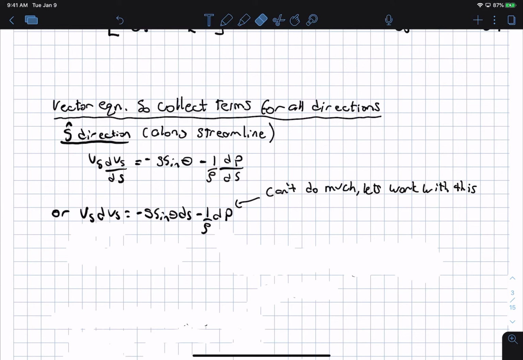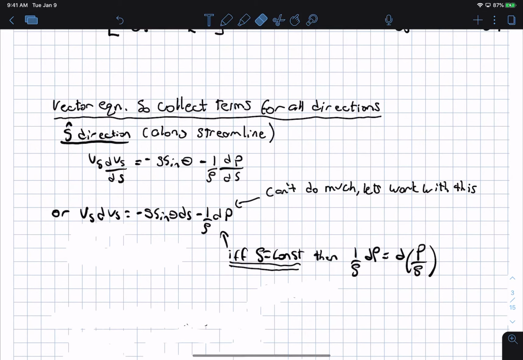Here we're intentionally putting it in the derivative. It'll become clear later on. So if rho is constant, then we can put this 1 over rho inside the derivative and get a dp over rho.